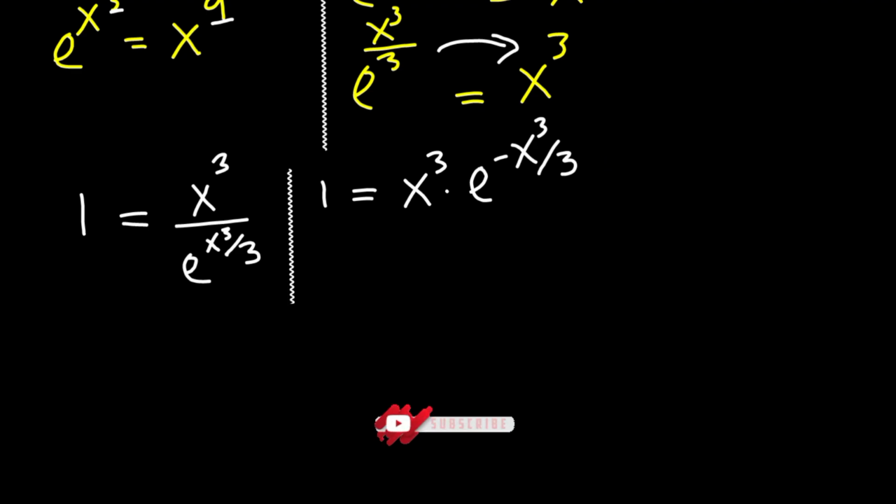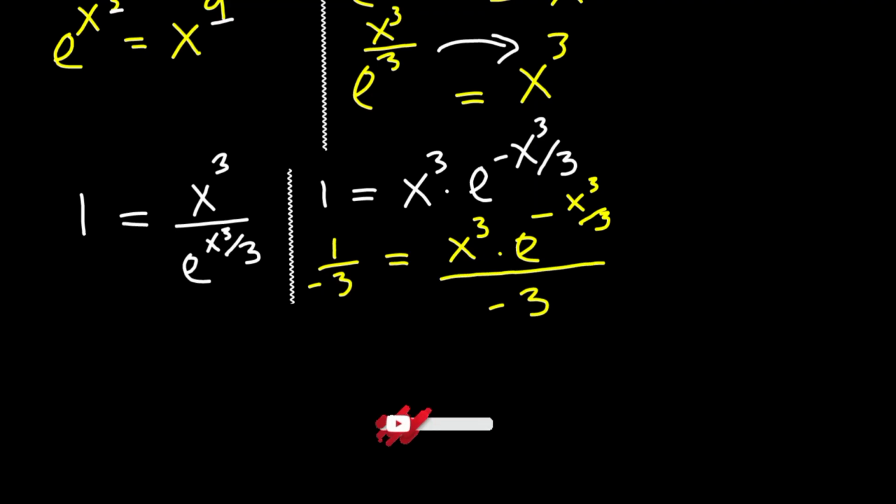And how do we achieve that? We are going to be dividing both sides by minus 3. So we have 1 divided by minus 3, and that equals x cubed times e to the power of minus x cubed all over 3 divided by minus 3.